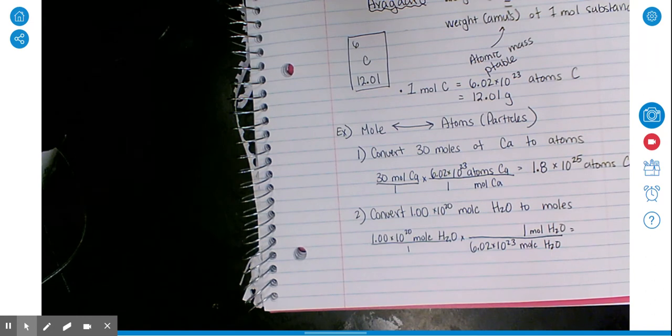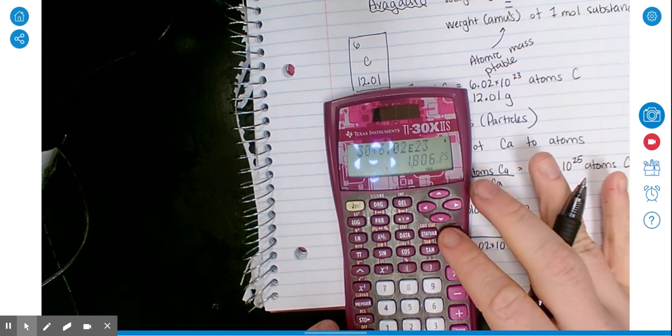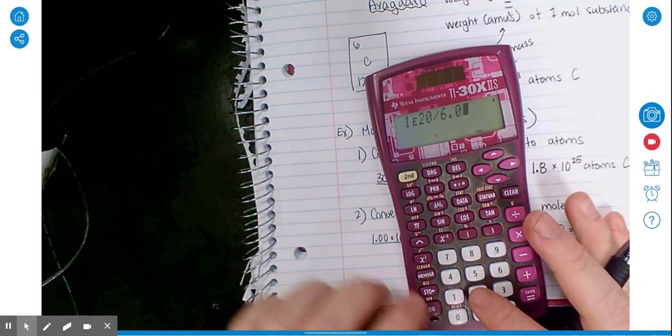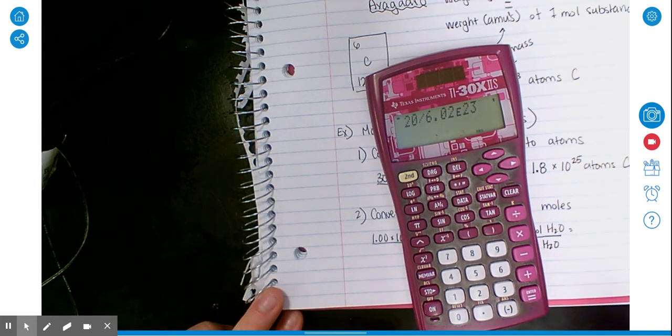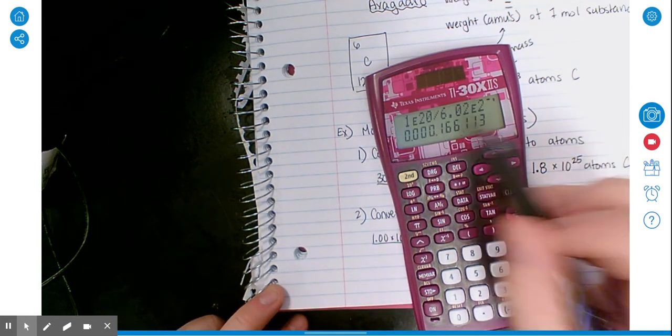And all that's left is to plug it into a calculator. 1 times 10 to the 20th. This number's on the bottom, so we're going to divide. 1 times 10 to the 20th, divide 6.02 times 10 to the 23rd. I should end up with a decimal. And I do.